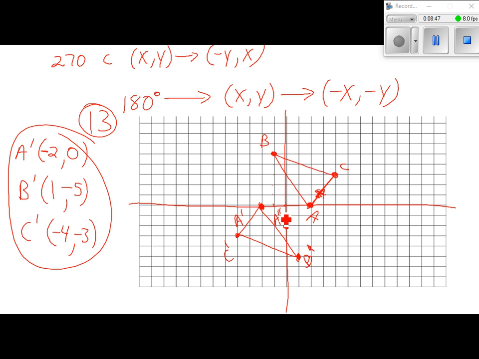B is, sorry, I'm looking at the wrong one. B is 5, 1, that's B double prime now. And C is 3, negative 4. That's gonna end up being C double prime, because we don't wanna put the same letter on here twice.